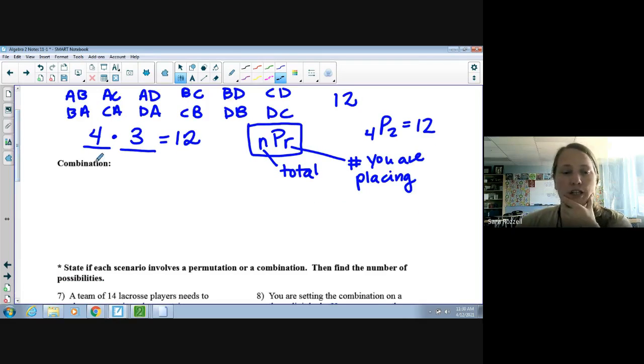For combinations, we are choosing groups, but those groups don't have to be in any particular order. It's like I have a classroom of 5 people and I want to choose groups of 2, but I don't care who comes first and second.